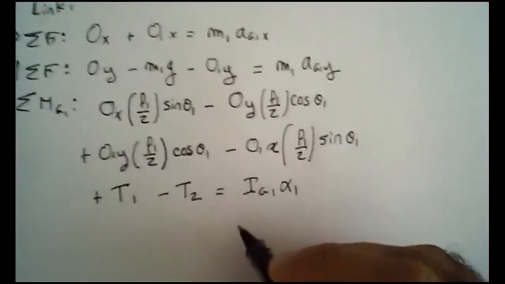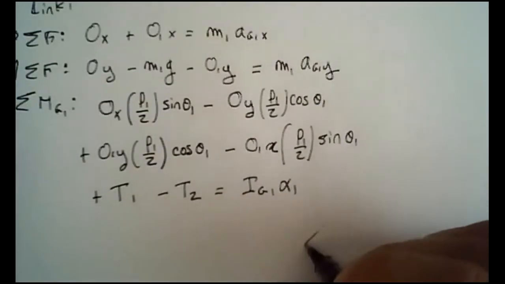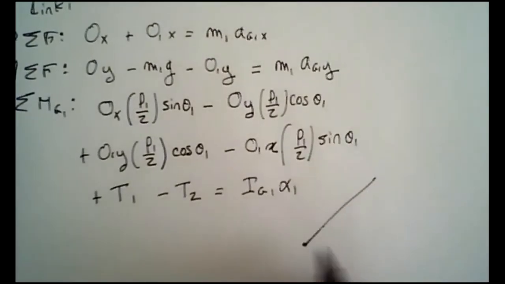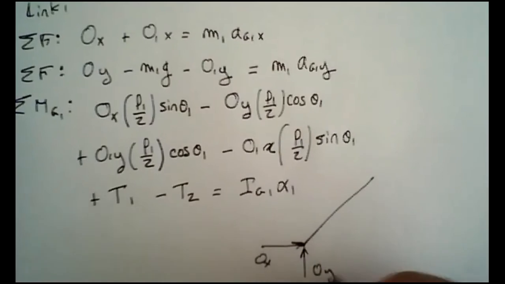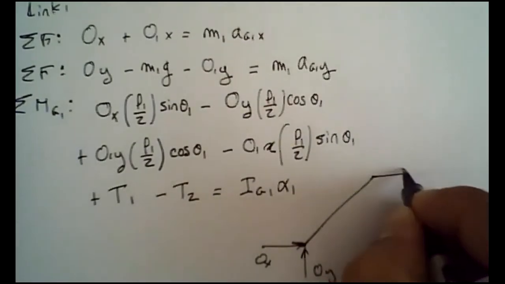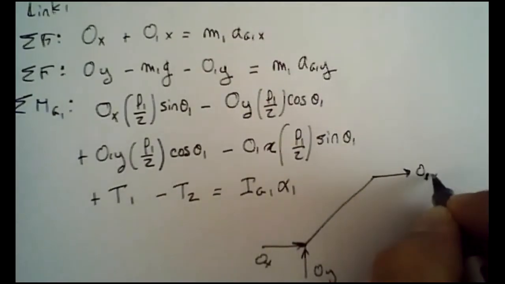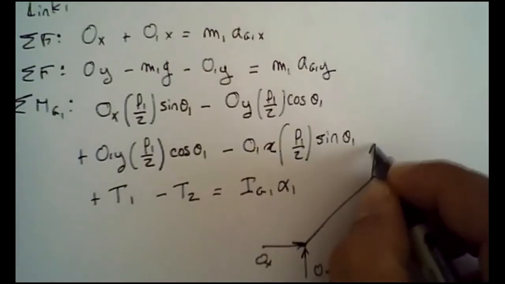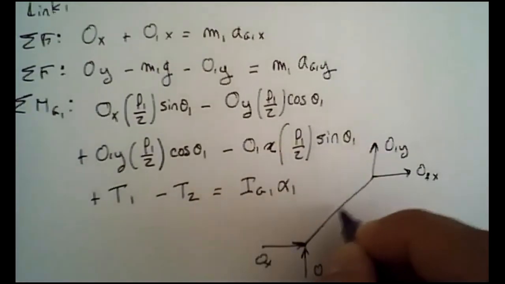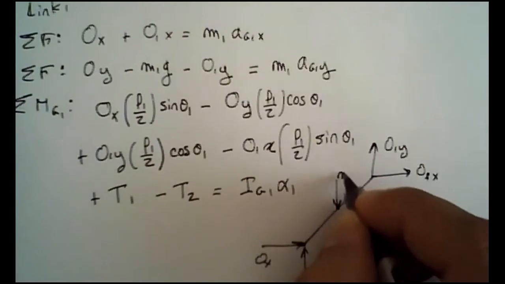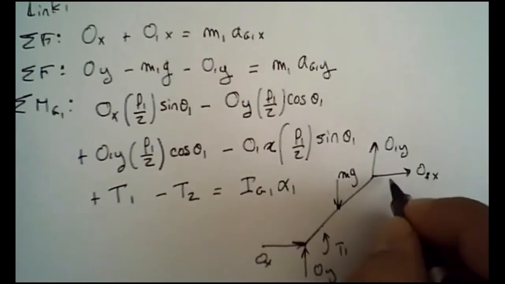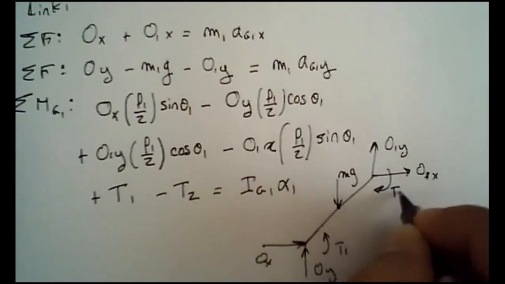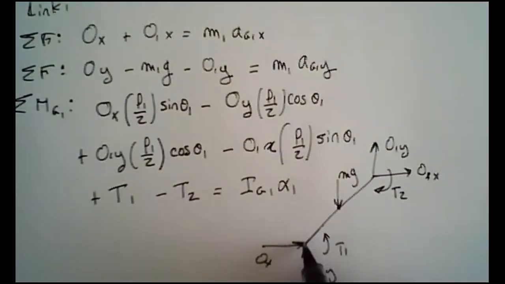I'm going to quickly redraw this so we see it on the figure. We have OX, OY, O1X, O1Y, MG, T1, T2, and this is my theta 1.